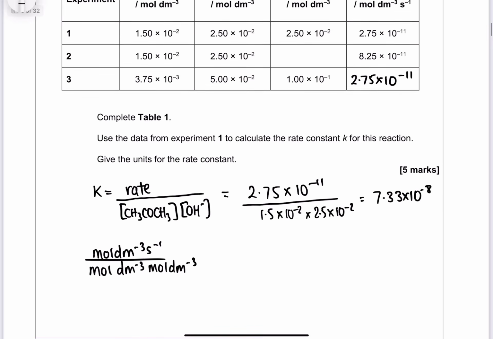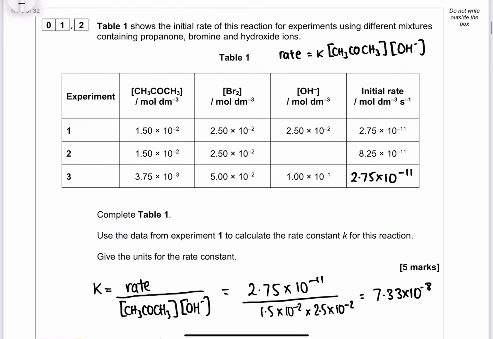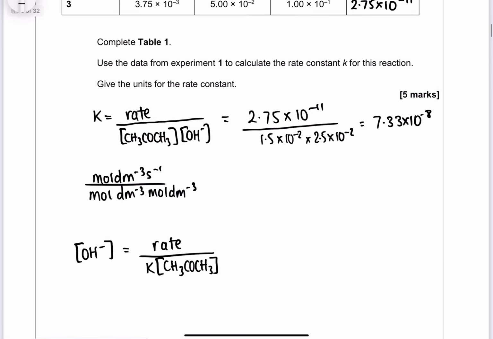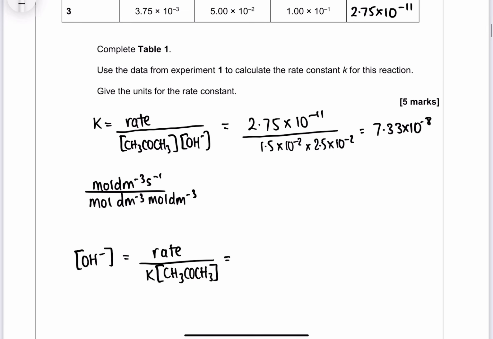To find the value for OH minus, you could rearrange the rate equation to say OH minus concentration is rate divided by K times propanone. So what we're doing is taking numbers over from the original rate equation, and then we're going to sub in the values. So 8.25 times 10 to the minus 11 divided by our K, 7.33 times 10 to the minus 8, and the propanone concentration in this reaction, 1.5 times 10 to the minus 2.